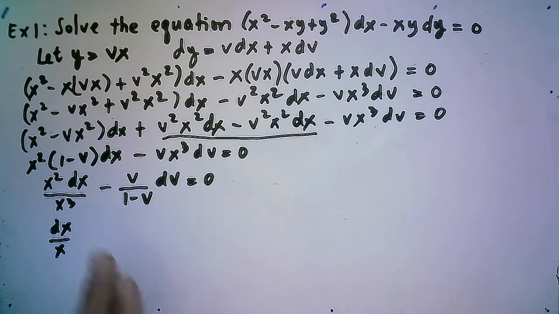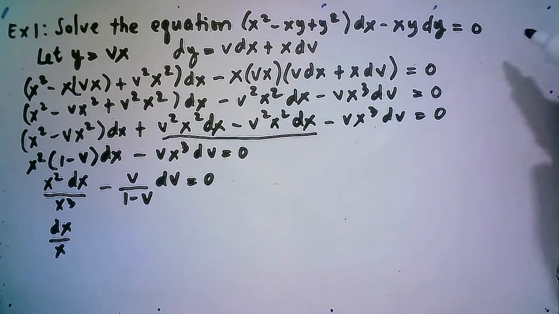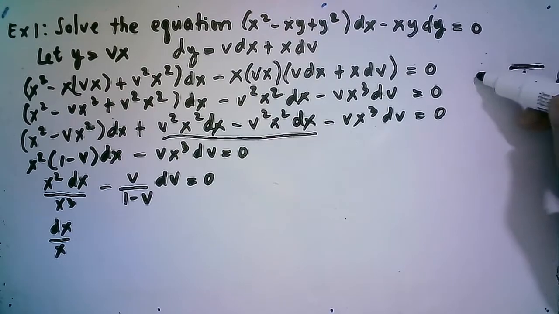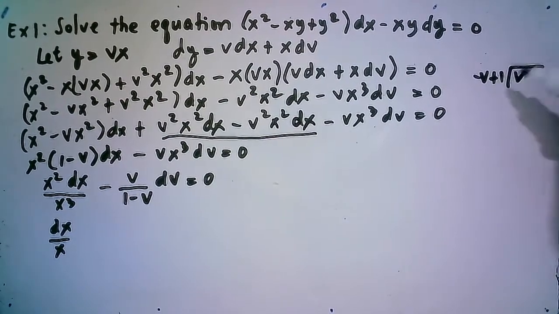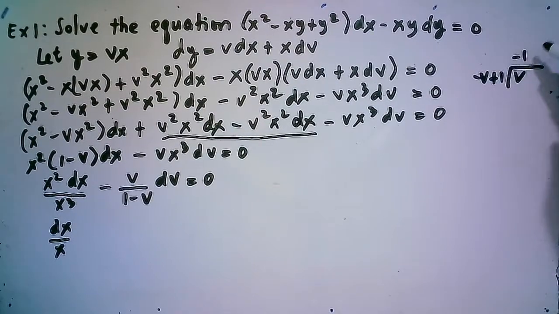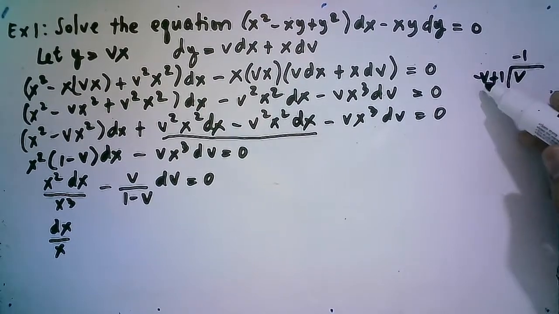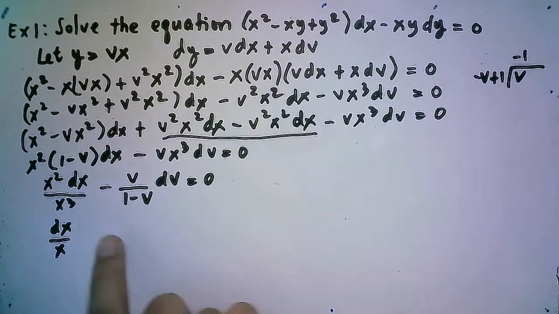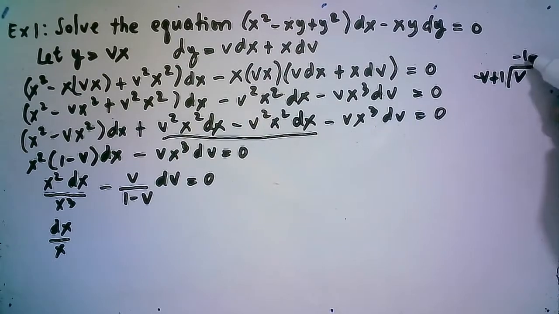So when we divide, let's say v, I will write here the division of v. We have negative v plus 1. So v divided by negative v equals negative 1. Negative 1 times negative v equals positive v.